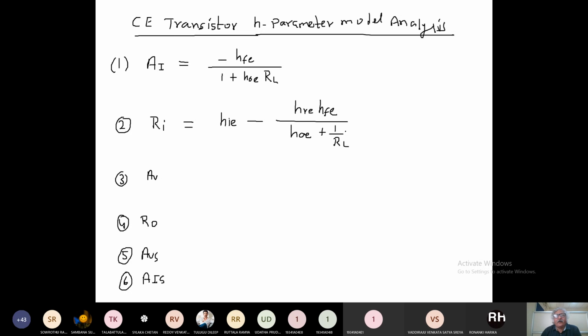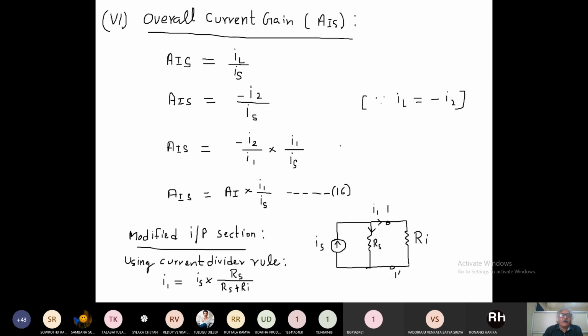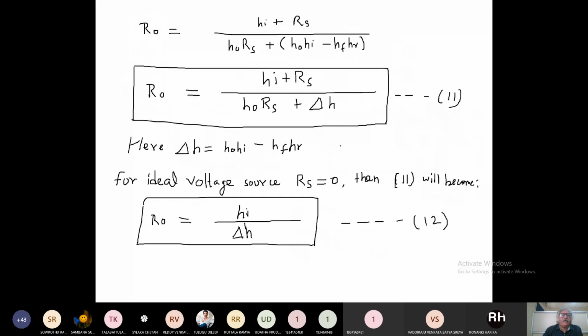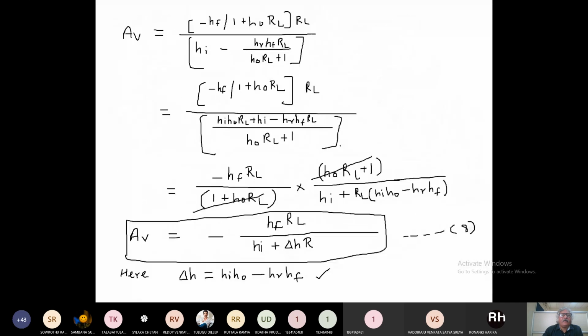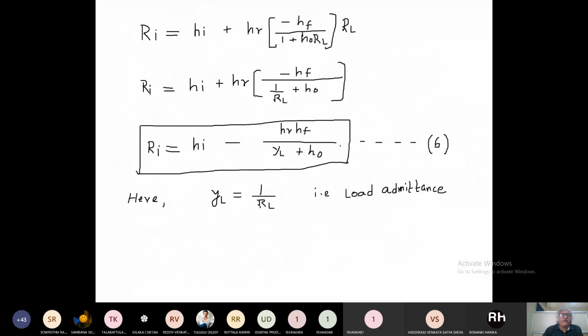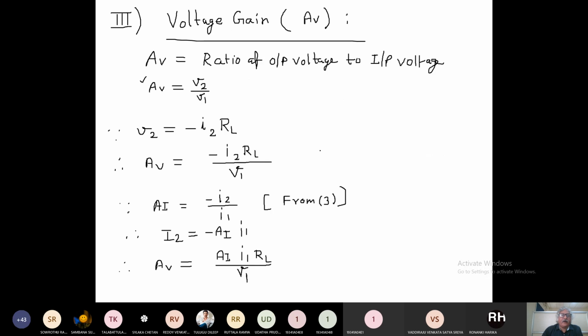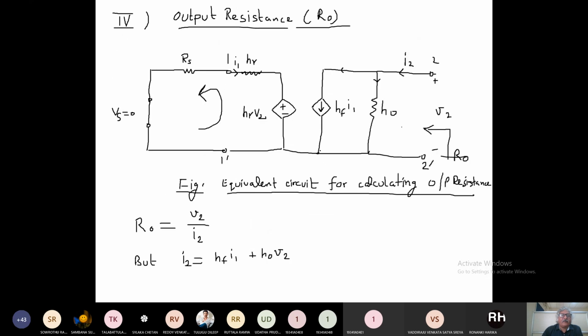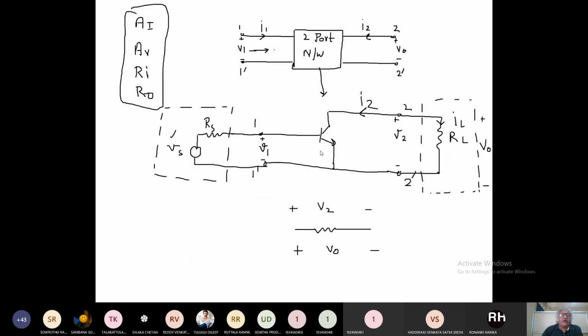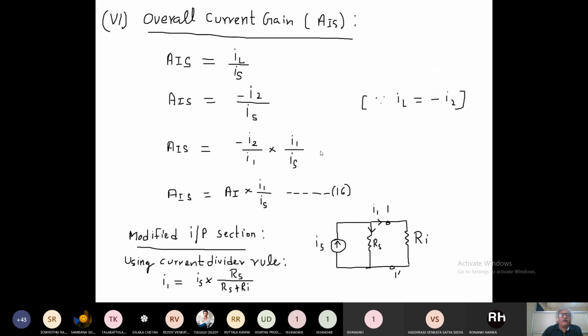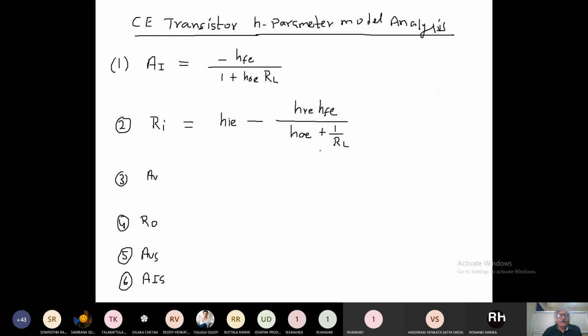In place of 1 by RL, you can write YL, right? So simply you can see the expression of RI that we derived. So now you write it for common emitter H parameters. That's all. One I am writing for you. For the remaining, you can write separately on your copy, right?